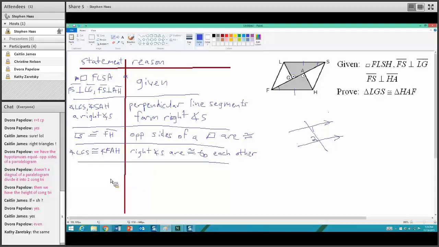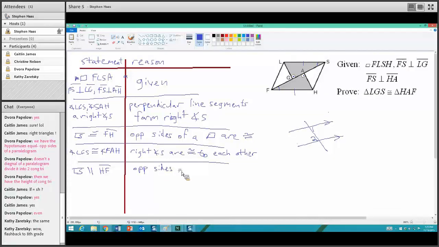So yeah, once we have that, now we've got two angles and a side, and two angles and a side is good enough. So how about we say LS is parallel to HF because opposite sides of a parallelogram are parallel. Okay. And then what have we got?